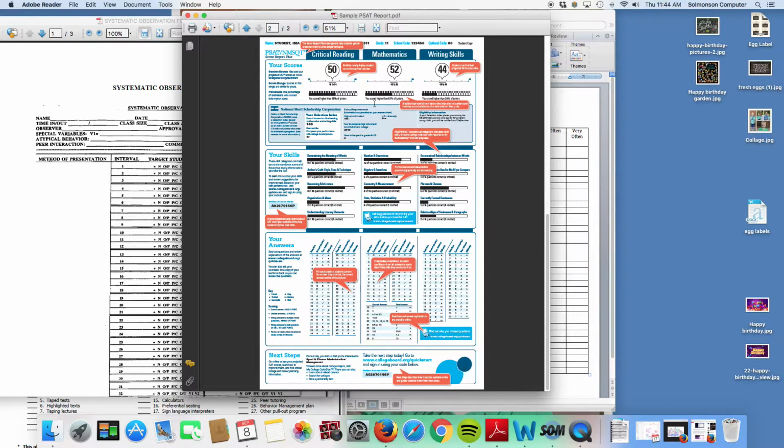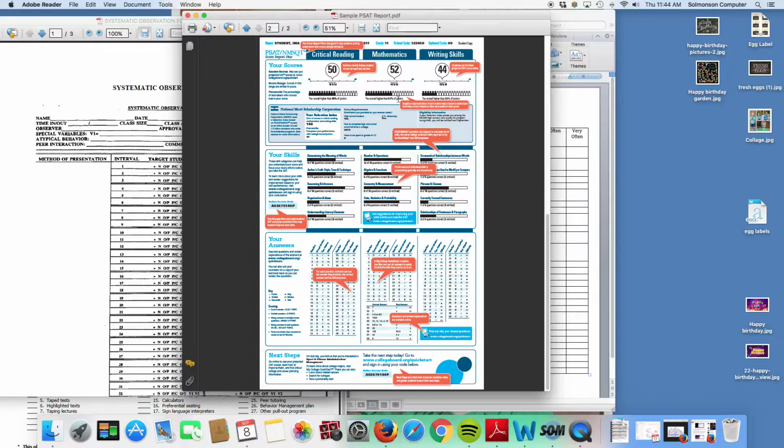If we looked at this, okay, so this student made a score of 50 in critical reading, 52 in math, and 42 in writing. So when we look here, he scored higher than, I think that says 55% of juniors. That's really small writing. This is a child that if they're taking regular classes, it's probably an appropriate placement.